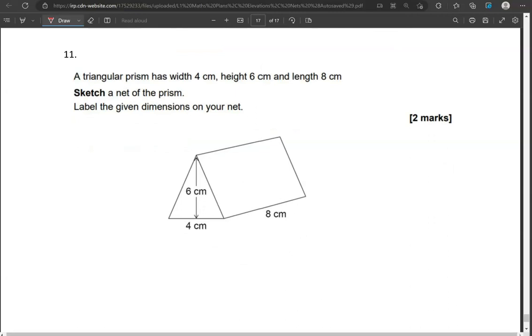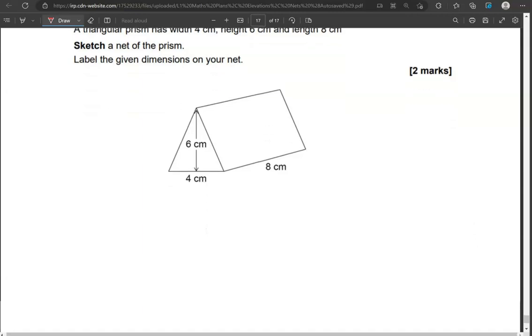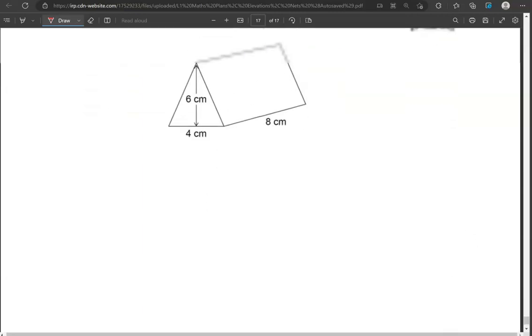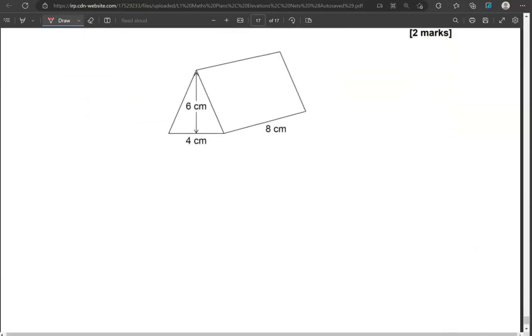A triangular prism has width 4 cm, height 6 cm and length 8 cm. Sketch a net of the prism. Label the given dimensions on your net. Okay, so here is the space for the drawing. I'm not going to use a ruler, but you should use a ruler and measure the dimensions. I'm going to start with the base.